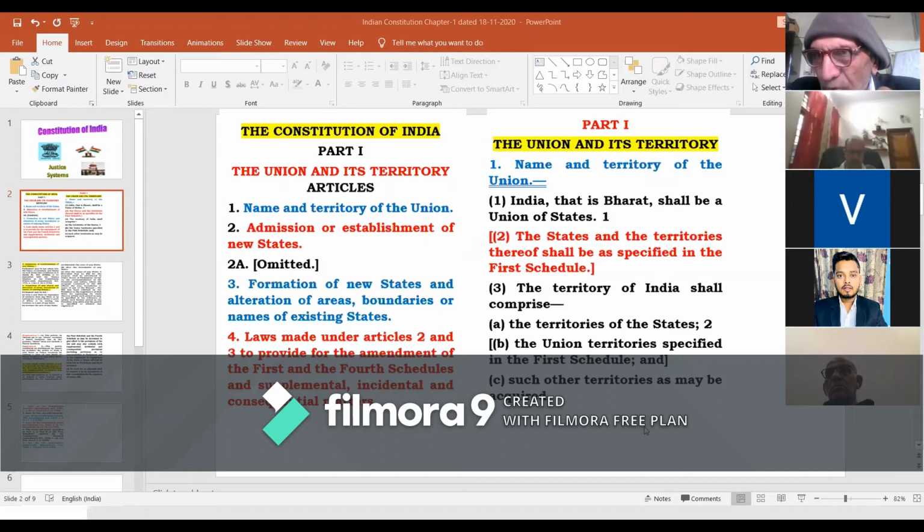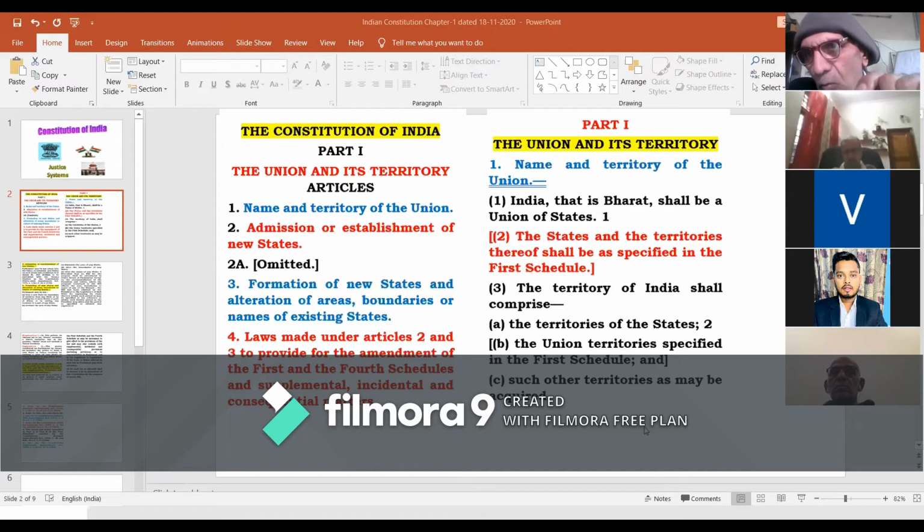To remove those limitations, to give it wider acceptability, to provide authorized, sanctioned, constitutional continuity with our ancient times, it is added: that is Bharat.